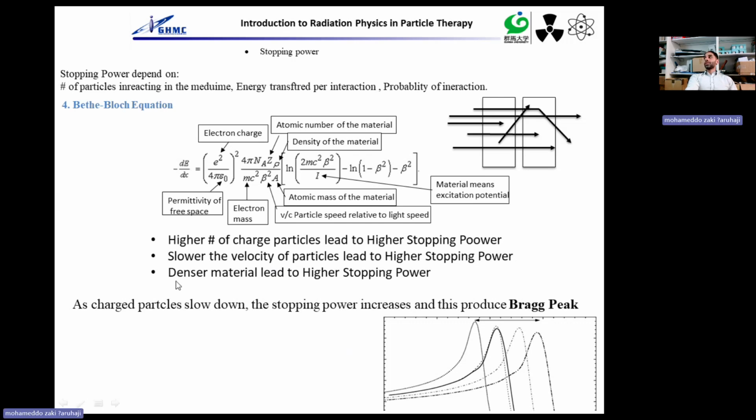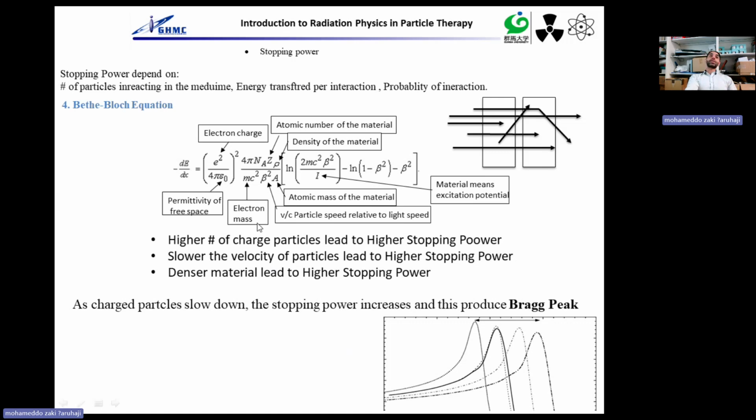And the last one, the denser material leads to higher stopping power. The density of material depends on the atomic number as well, but the denser it is, the more probability to stop particles, so the higher the stopping power. Okay, so it depends on the charged particles, their velocity, and the density of materials.